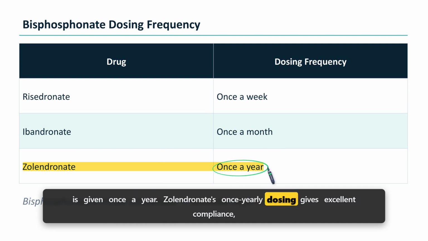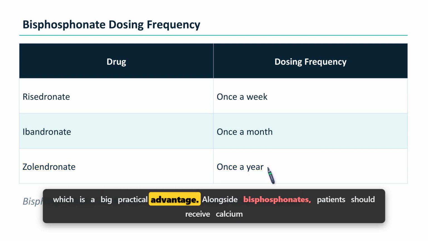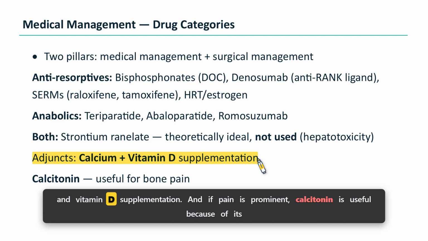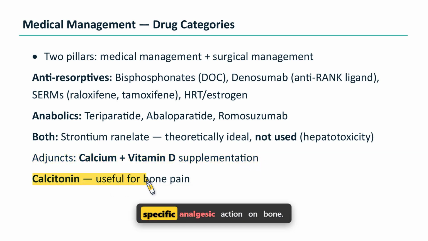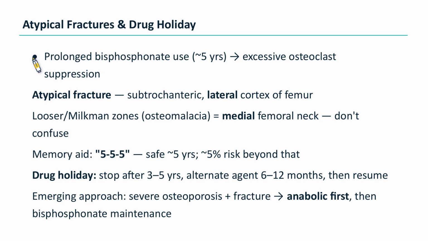Zolindronate's once-yearly dosing gives excellent compliance, which is a big practical advantage. Alongside bisphosphonates, patients should receive calcium and vitamin D supplementation. And if pain is prominent, calcitonin is useful because of its specific analgesic action on bone. Now, here's something important to understand about long-term bisphosphonate use.